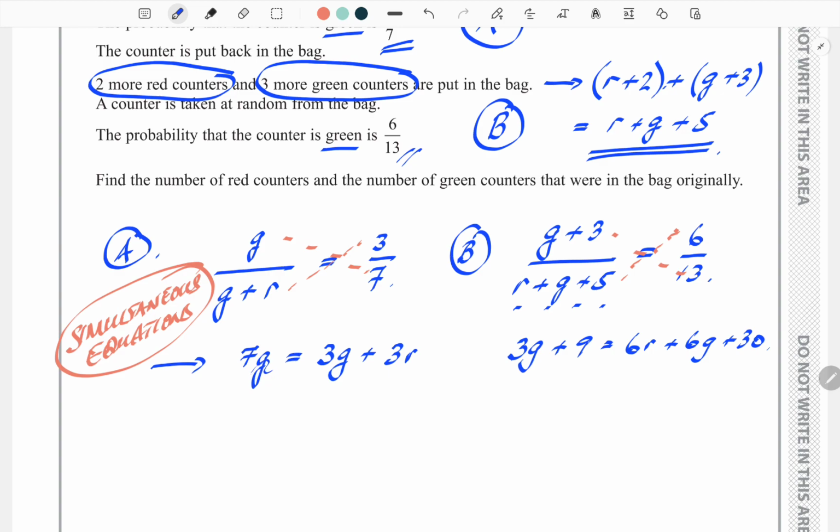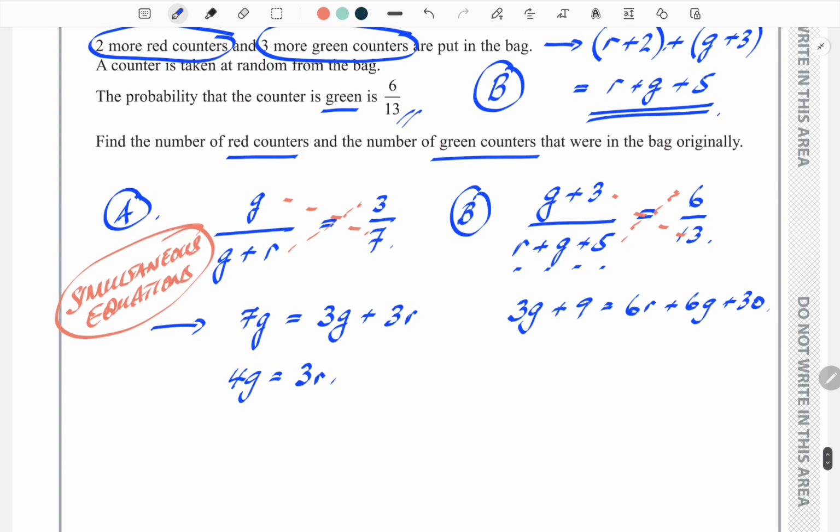So we're going to use this scenario A, the first equation, and we can see that you've got 4G equals 3R, all right? And we want value for R and for G in the question, all right? So what are we going to do? We're going to say that, for example, G equals 3/4 of R, all right?